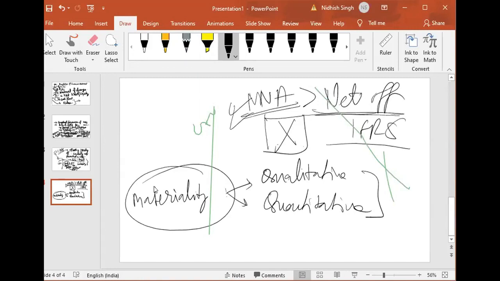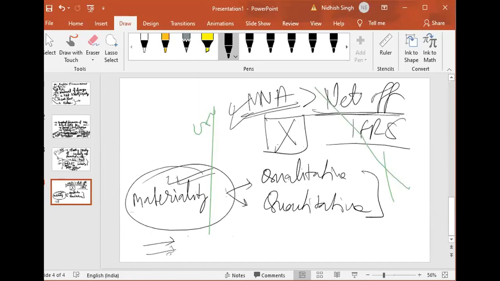Any material or important information should be provided. It is not rule-based, it is disclosure-based. That means if you think any information or the number is important for the financial statement, if it is important for users to know, please show that, please reflect that, regardless of what the rule book says.